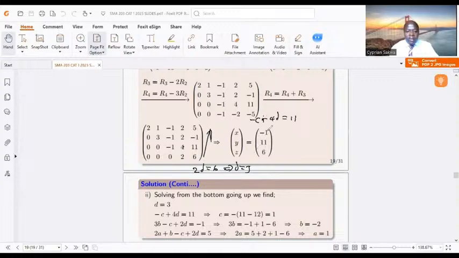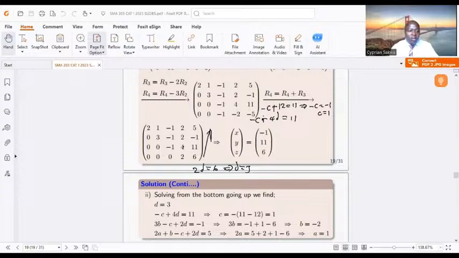But we know what D is. D is 3. So it's -C plus 12 is 11. So that means -C is -1, which means C is 1.